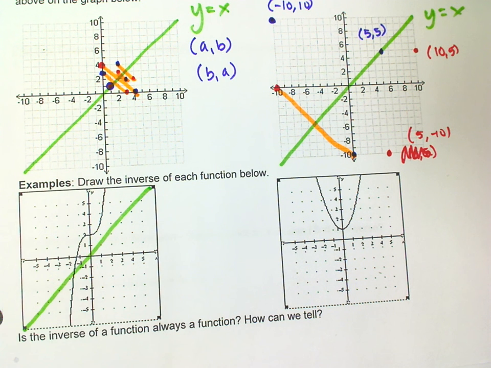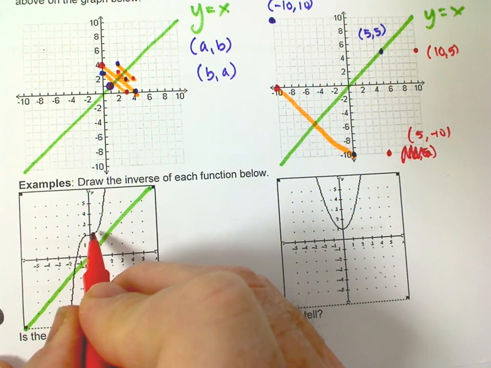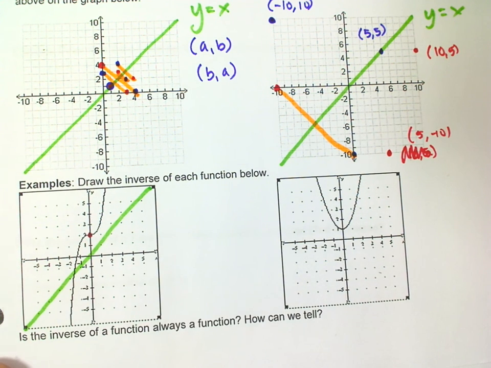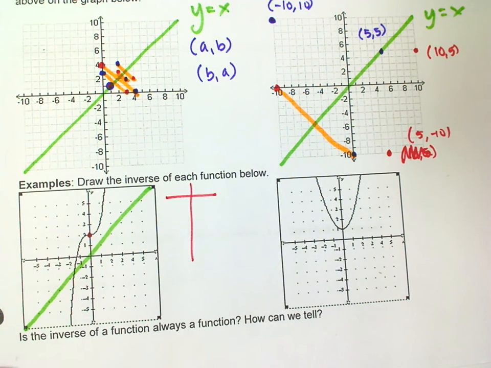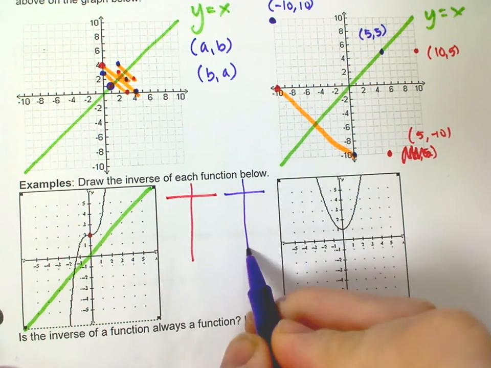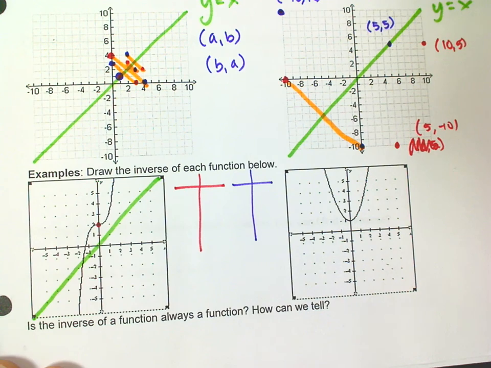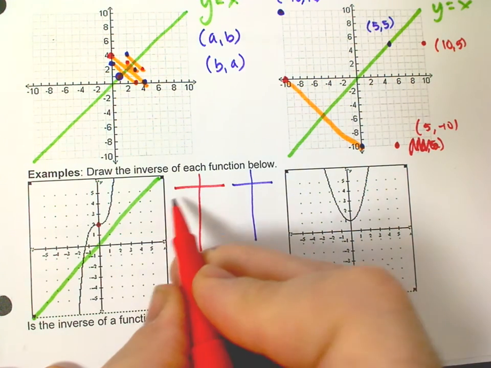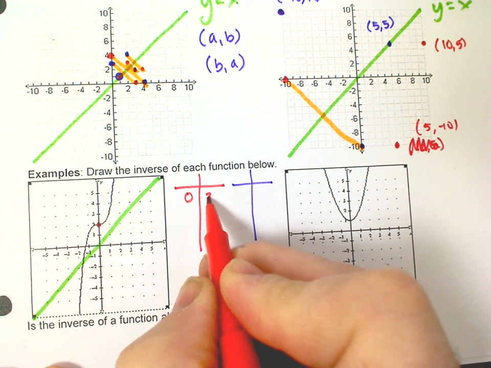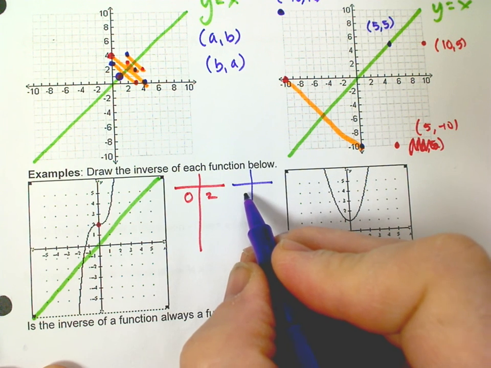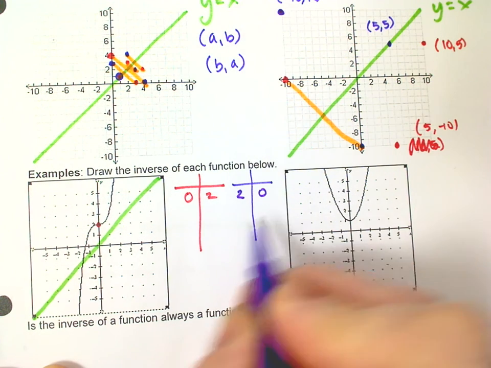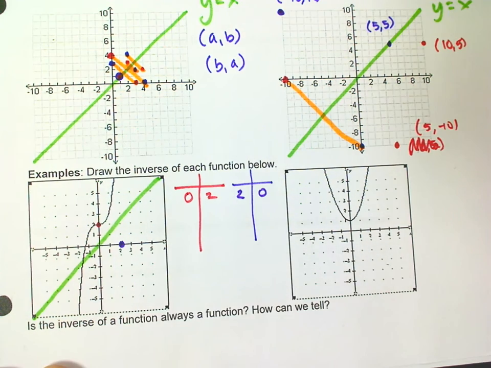But I think what you probably remember doing is making a set of tables of values, and from those tables of values, switch those around to create our new values. So for example here, you can see that this is at x equals 0, 2. So in our inverse function, when we switch these around, this will be 2, comma 0, that point there.